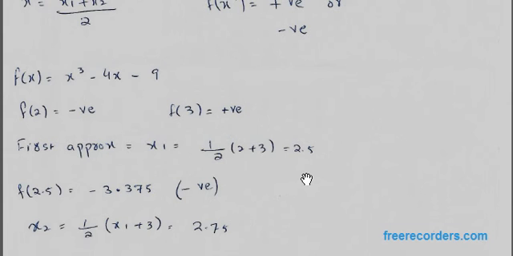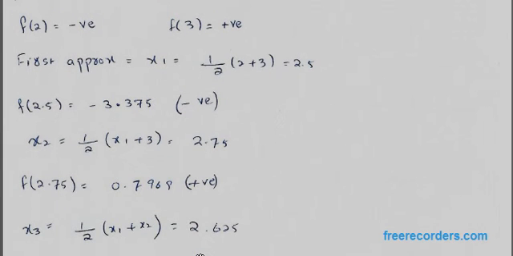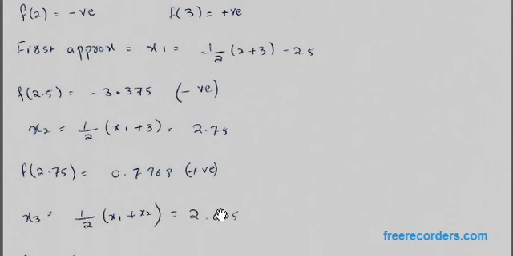I choose x1 and 3. So my second approximation will be x2 equals half of x1 plus 3, which equals 2.75. At 2.75 the function has a positive sign again.